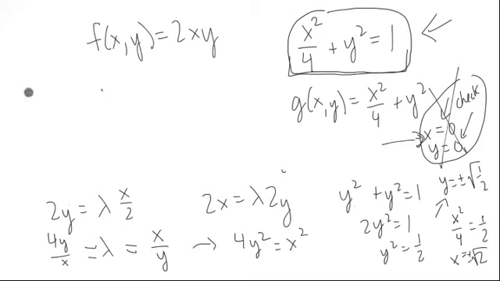We have x is plus or minus the square root of 2, and y is plus or minus, either way. That works. Okay, so that's for x and y. So we get 4 points on the ellipse.